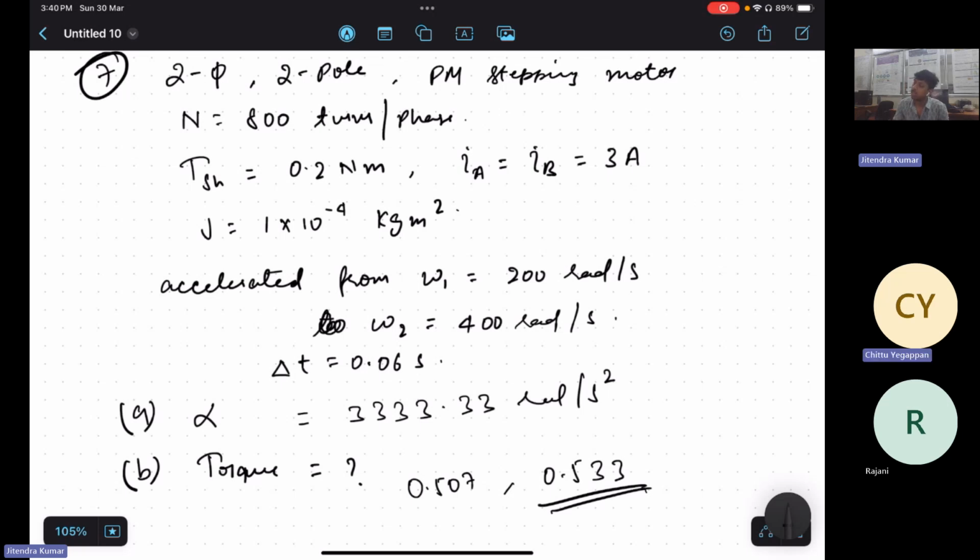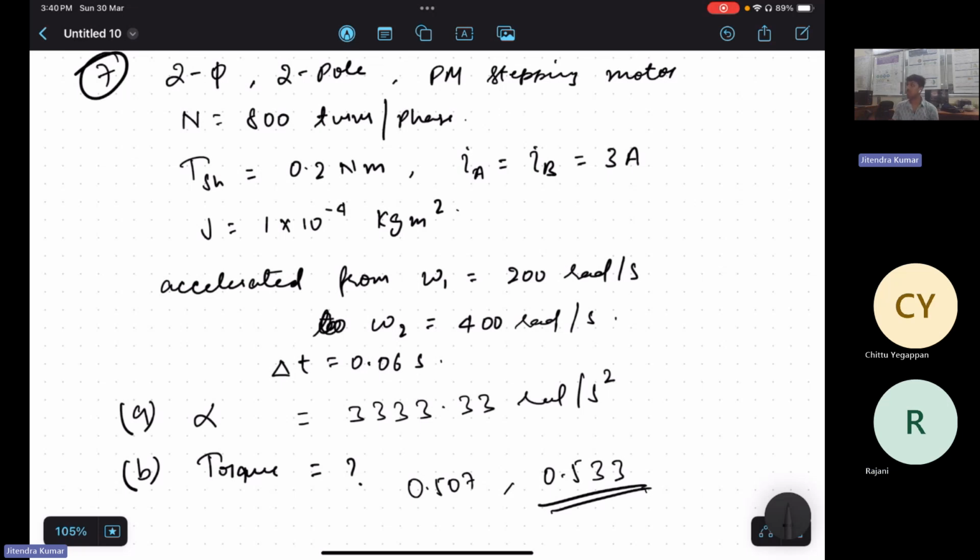We have calculated with aligned inductance and unaligned inductance, sir. Which exactly question? The sixth question, sir, with the stator pole arc 20 degree and the rotor pole arc 22 degrees.